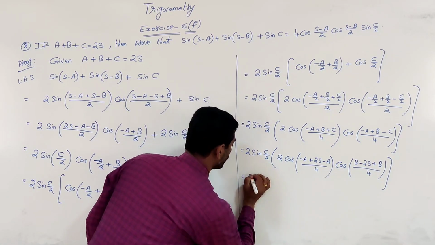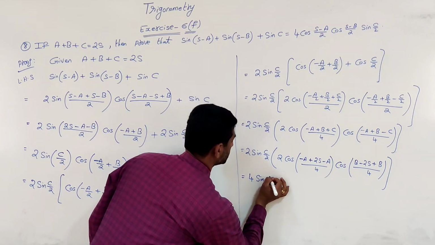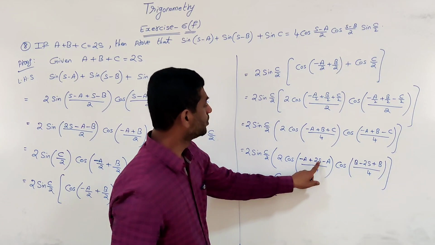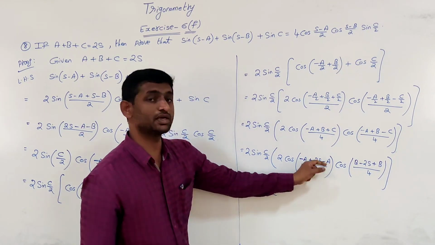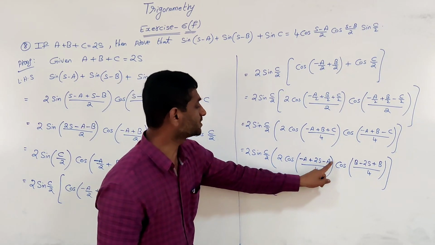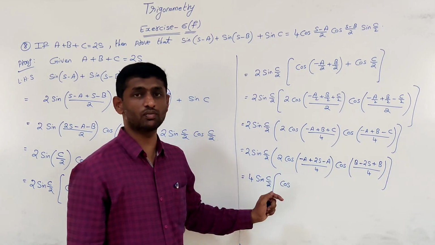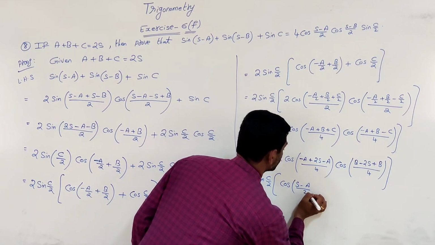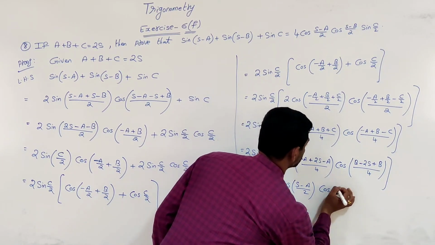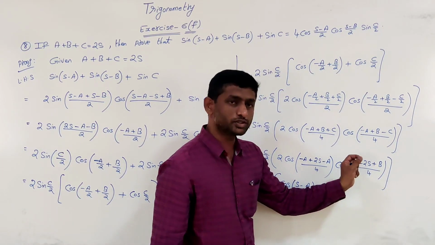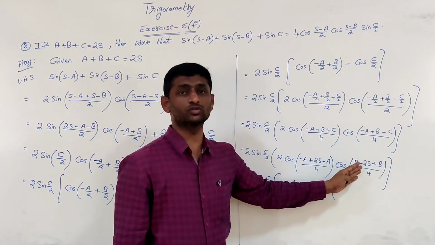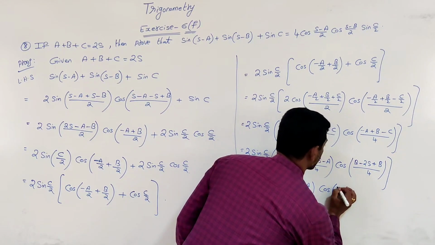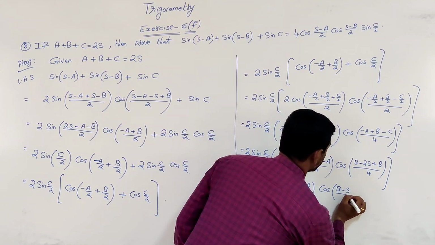So 2 into 2 is 4 sin c/2 cos of (2s minus a minus a), which becomes minus 2a. So (2s minus 2a)/4 means 2 is common. So it will be (s minus a)/2 cos of (b plus b is 2b minus 2s)/4. Again 2 is common. If we cancel, we will be left with (b minus s)/2.